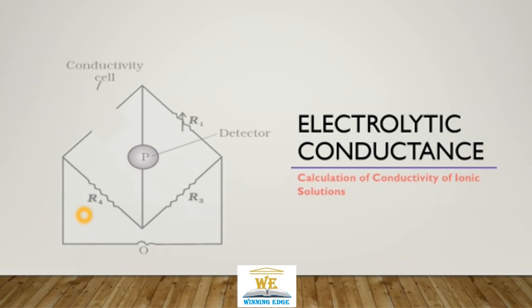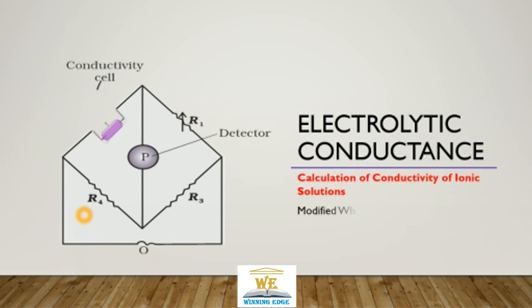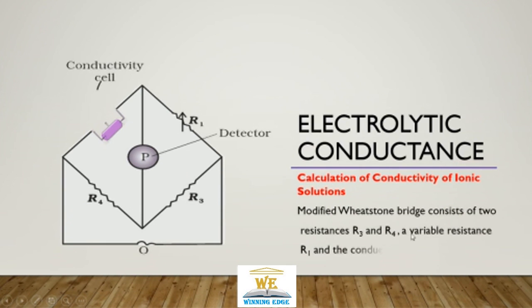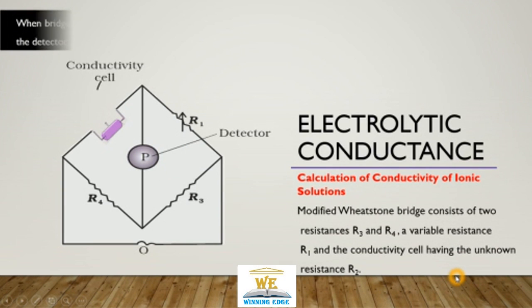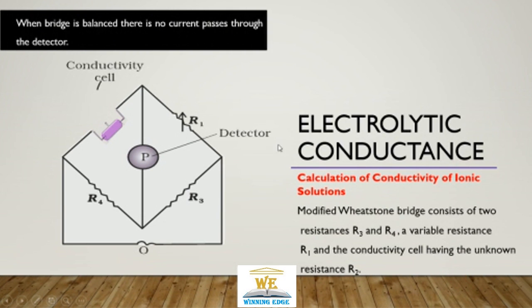Now we put this conductivity cell in the fourth location. This is called a modified Wheatstone bridge, with R1, R2, R3 and R4. And we have a variable resistance R1. We adjust its resistance such that there is no current passing through the detector.